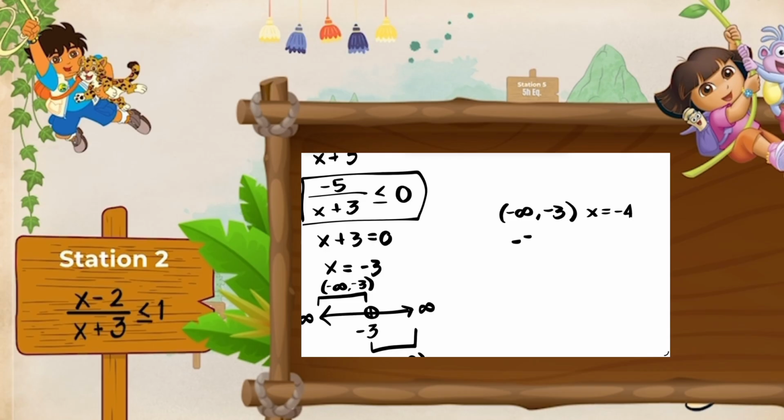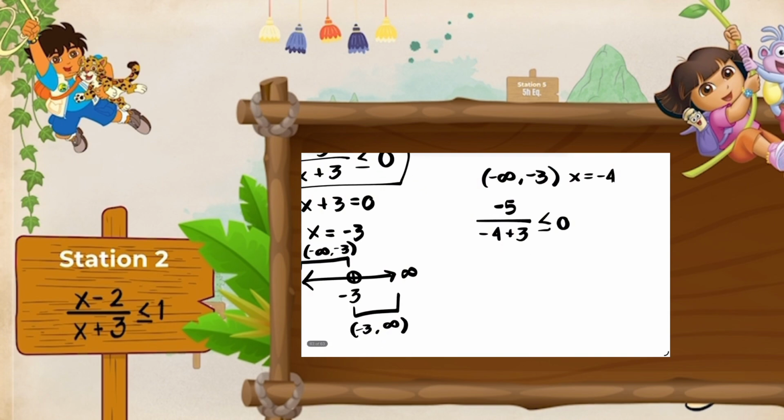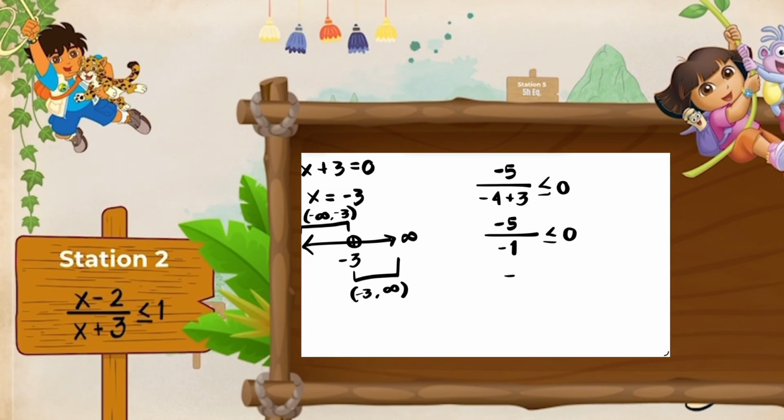So negative 5 over negative 4 plus 3 is less than or equal to 0. So negative 4 plus 3 is negative 1. Since both are negative, it will become positive, and 5 divided by 1 is 5.